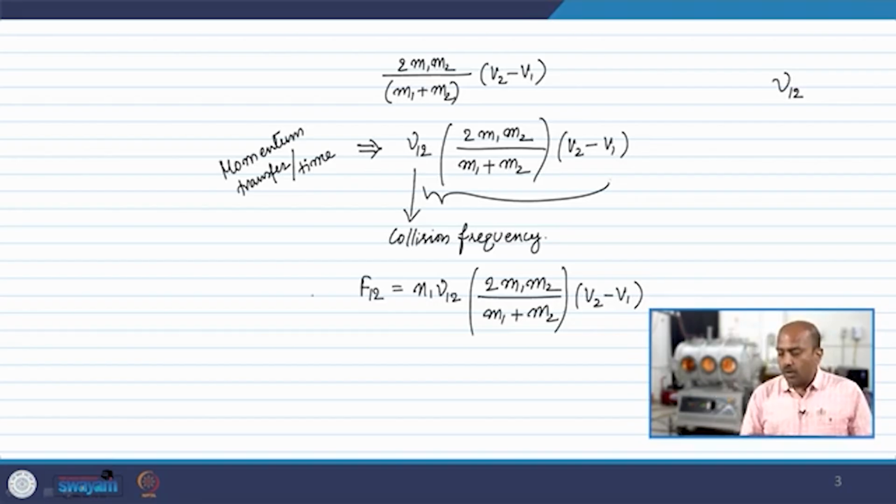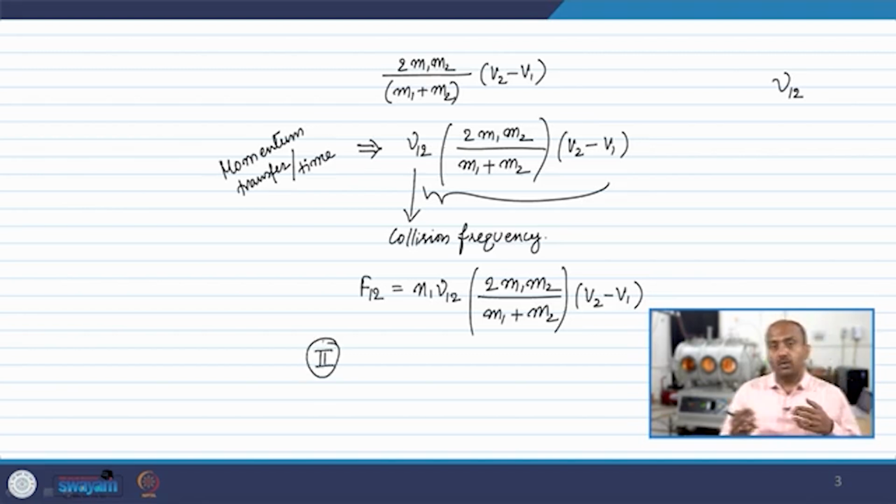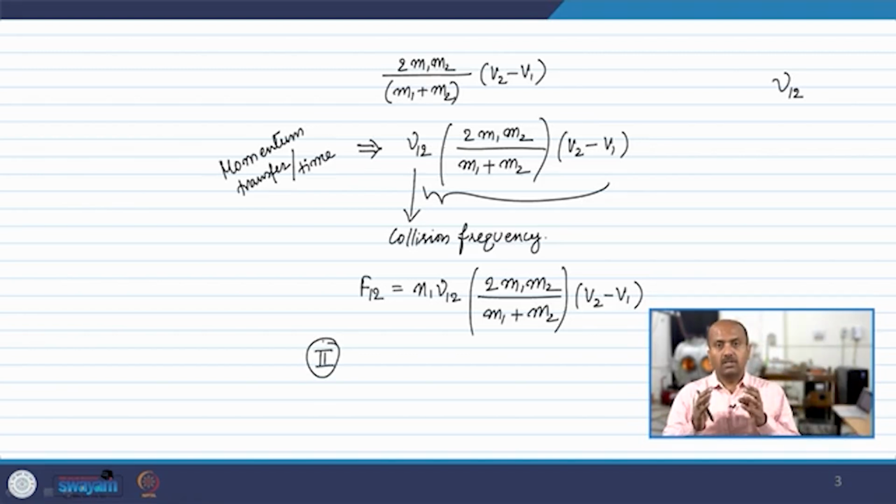Now, this is one side of the coin. Species 1 colliding with species 2 has resulted in this. You can also look at it in another way: species 2 is colliding with species 1.